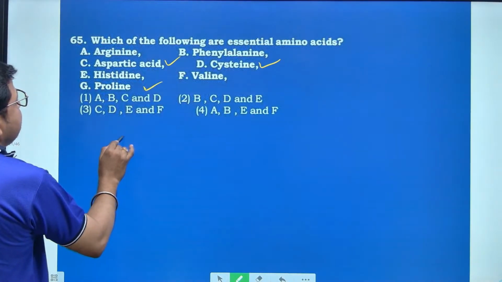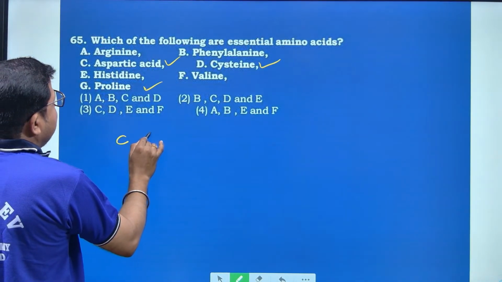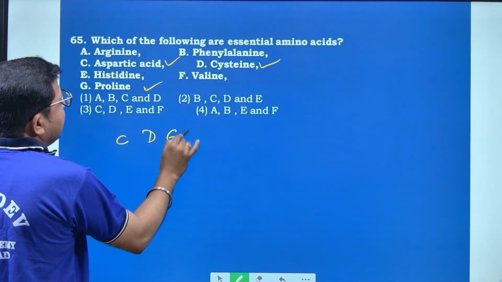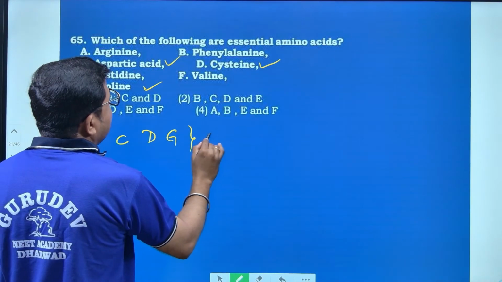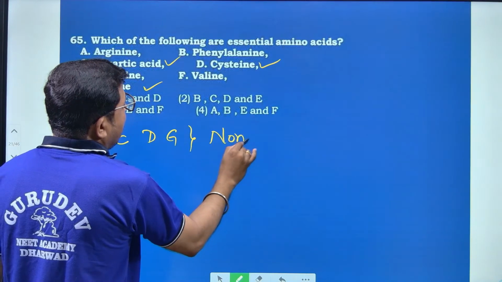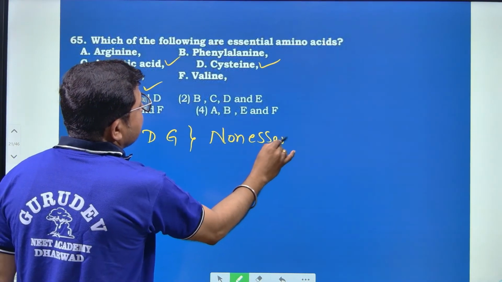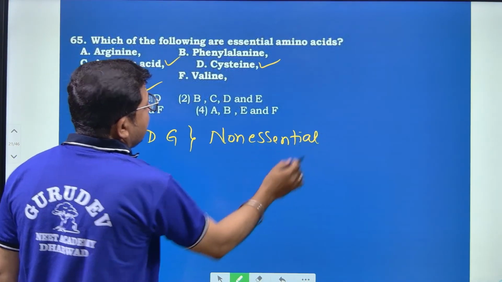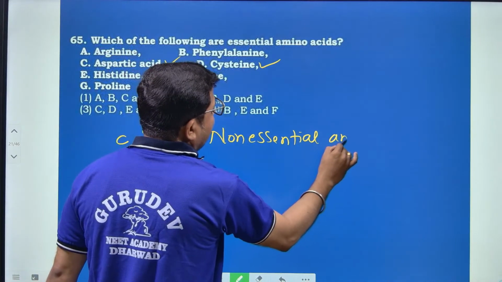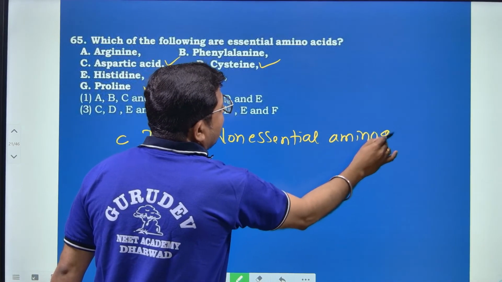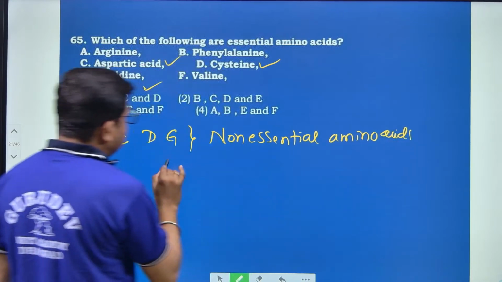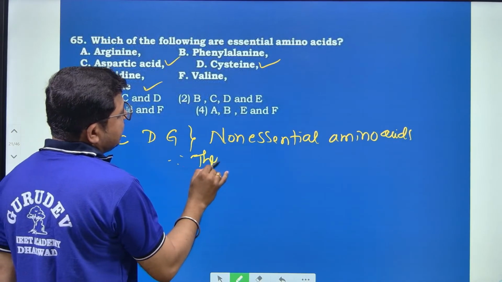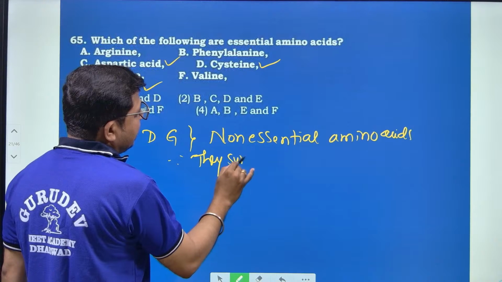Option C, option D, option G. These three are non-essential amino acids because they are synthesized in our body.